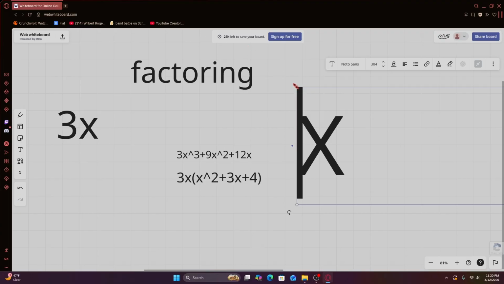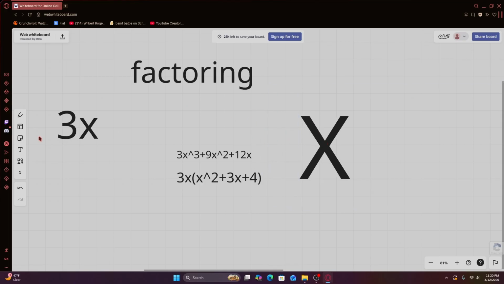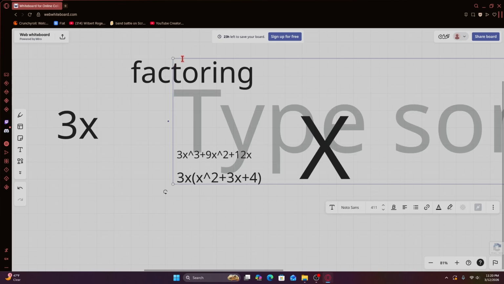A very abnormally large x. You put numbers inside of it. So our equation for this is going to be a certain type of trinomial.